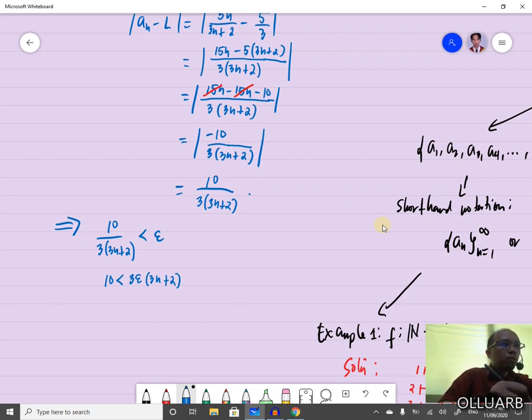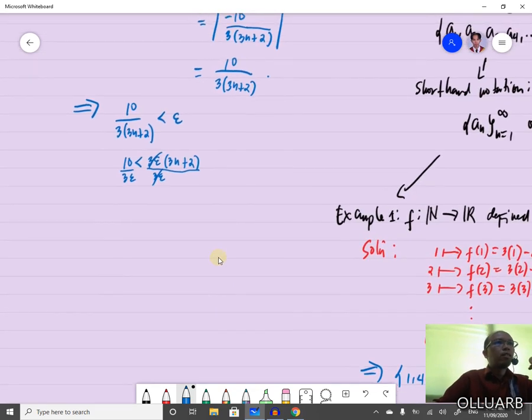So divide both sides by 3 epsilon. You can cancel that out because our epsilon is greater than 0, so epsilon is not equal to 0.